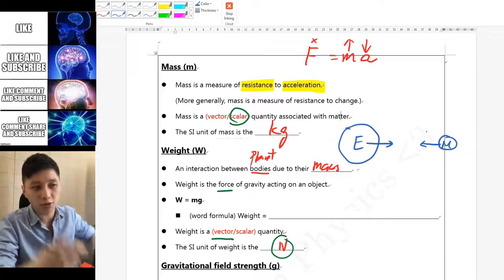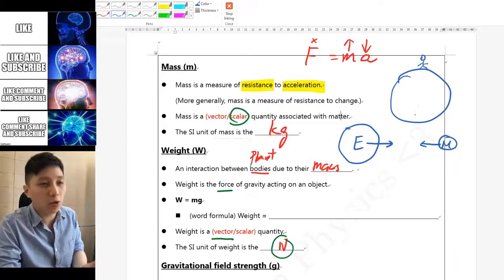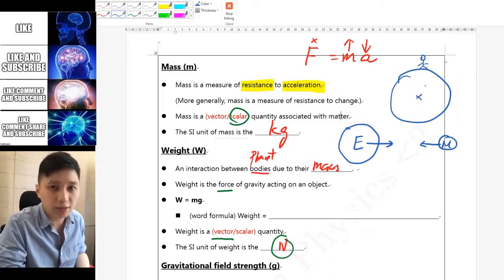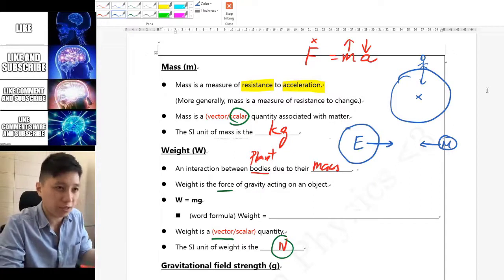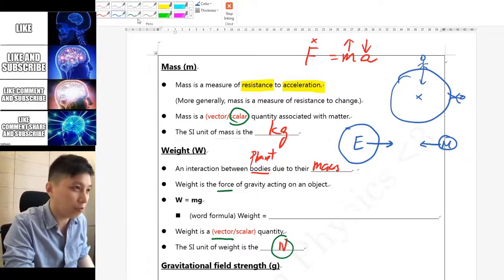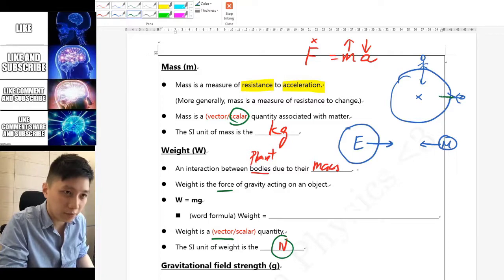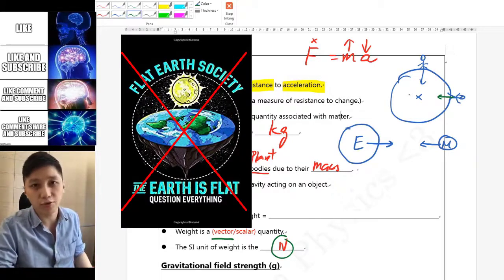And so for us, because we are somewhere on the Earth, the weight is always pointing towards the center of the Earth, and therefore to us it's always downward, but that is not exactly true, because if you take a plane to another spot on Earth, then you'll find the force is no longer in the same direction because the Earth is round, just so you know.